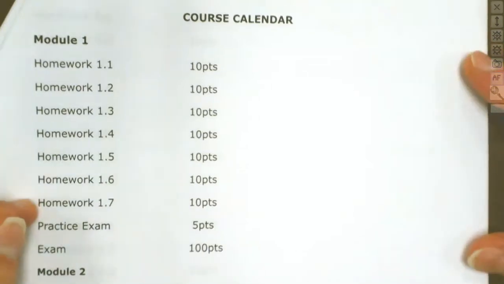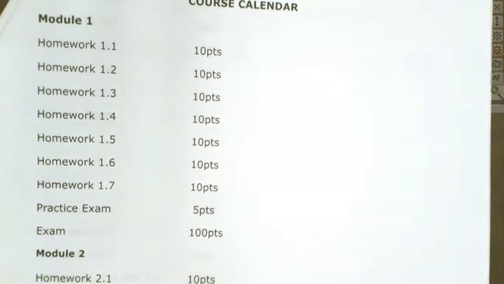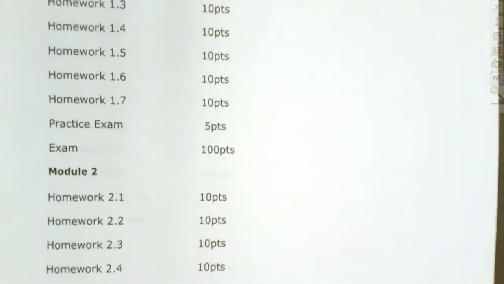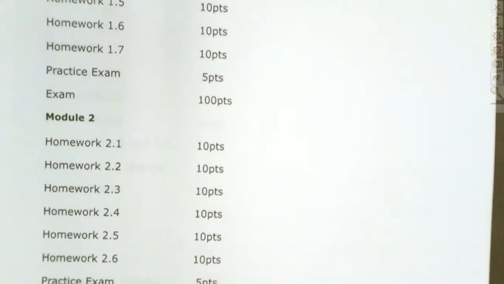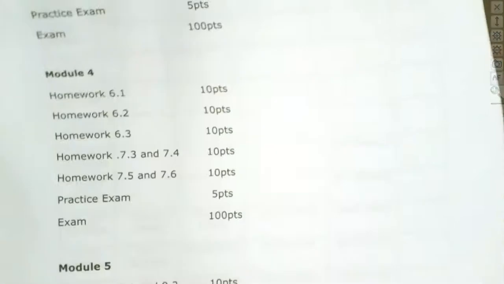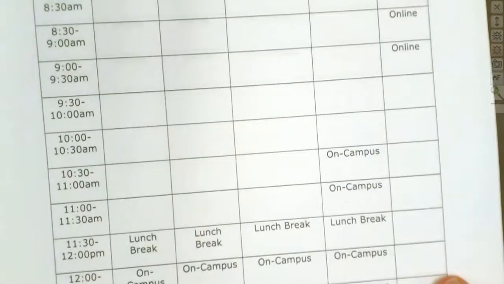As soon as we finish up 1-7, we're looking at an exam. So you can keep track of it as we progress through. These are the topics and chapters and sections that we're going to be covering and the point values associated with them. There's several pages there. It kind of broke it down into modules.